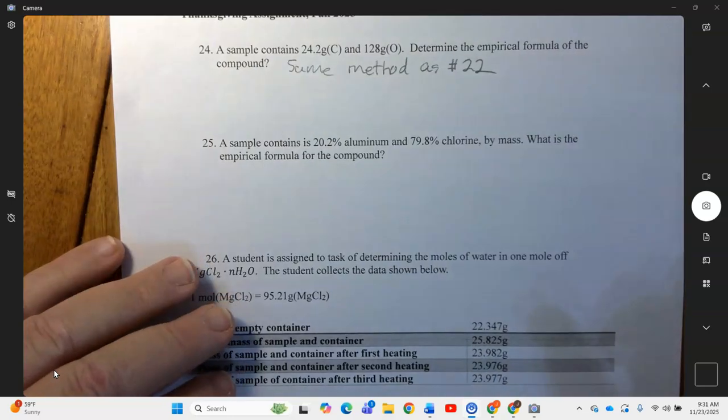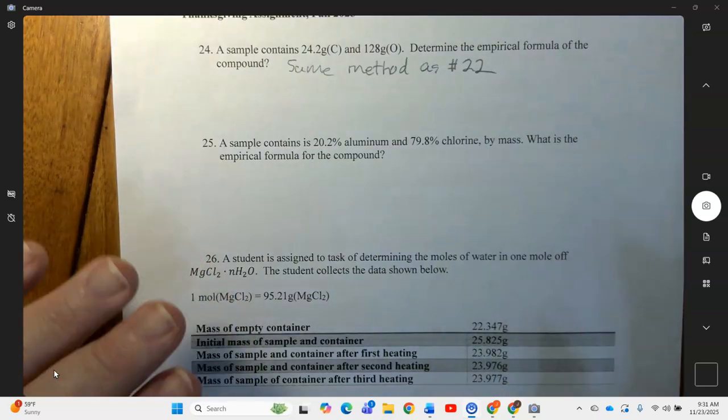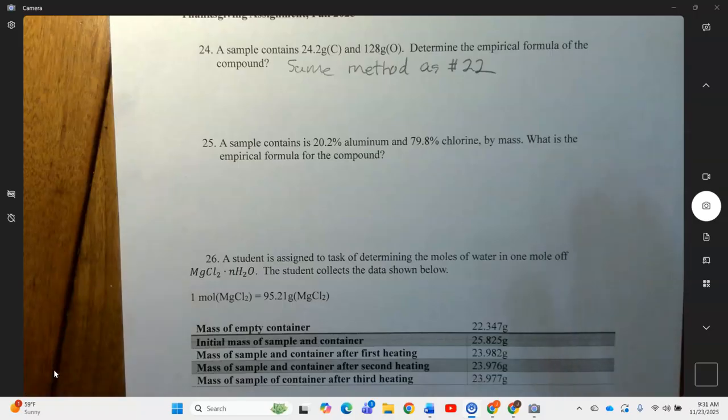Okay? All right, it's simply grams to moles, make the ratio. If it's whole numbers, you're done. That's the empirical formula. If not, you got to multiply by a whole number to get the actual empirical formula. Now, again, I use the word whole number and integer interchangeably. They mean the same thing. Okay, it's a number without any decimals or fractions.